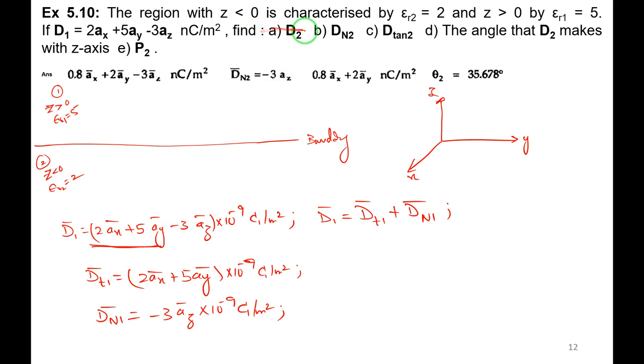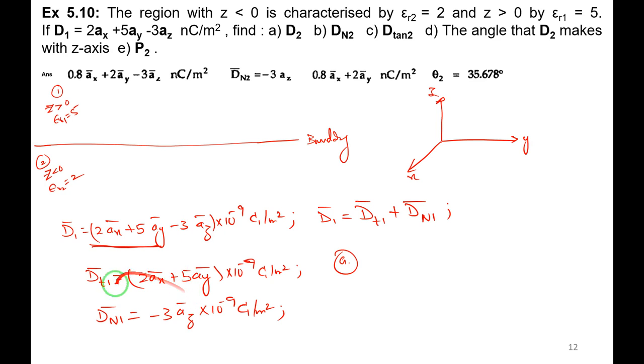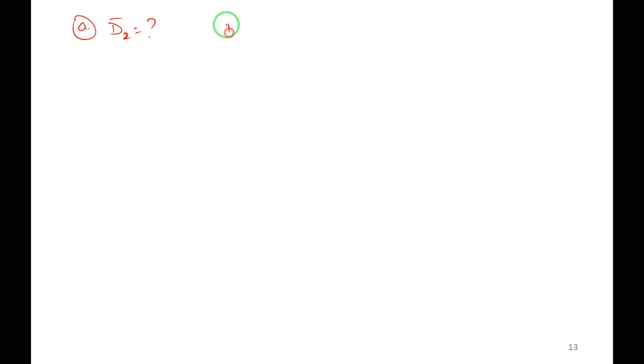So first, what they asked: find D2, part A. What is the D2 vector they asked? I have the information of D1. Let me use the boundary condition, Dn1 equal to Dn2.